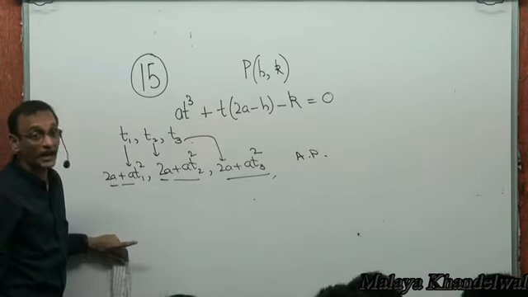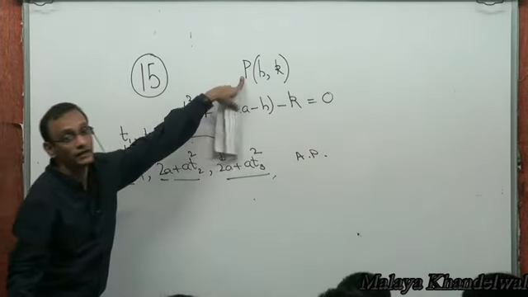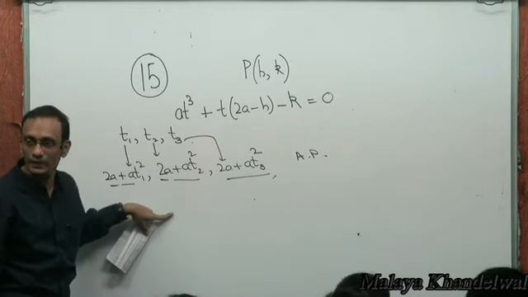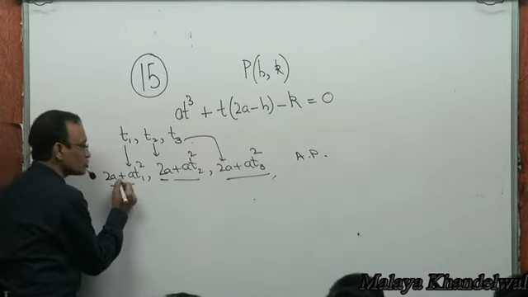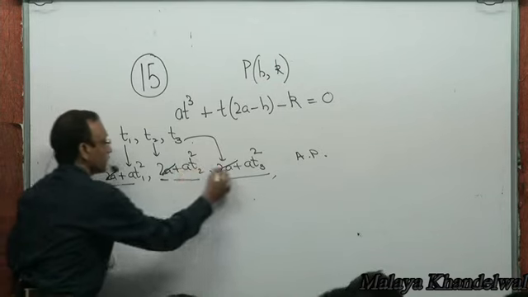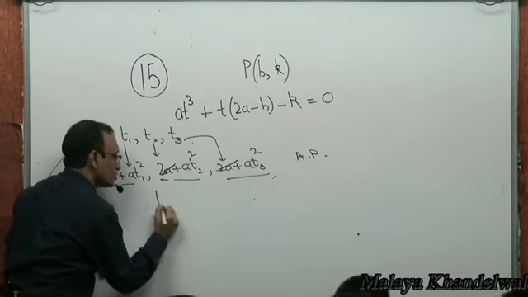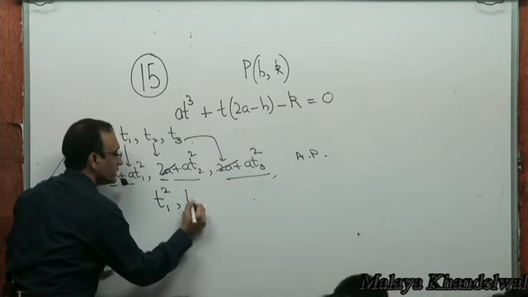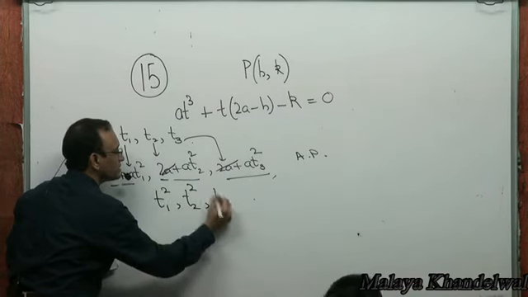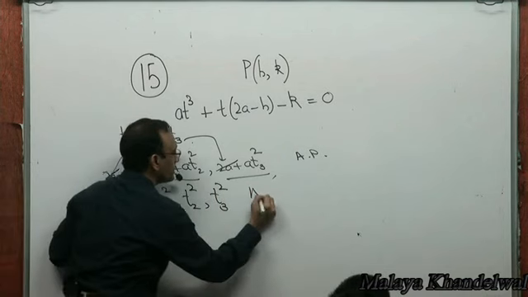I want to find the locus of H, K, locus of P, such that these are in AP. Clear? Now, for these to be in AP, A T1 squared, A T2 squared, A T3 squared must be in AP. That means T1 squared, T2 squared, T3 squared must also be in AP.